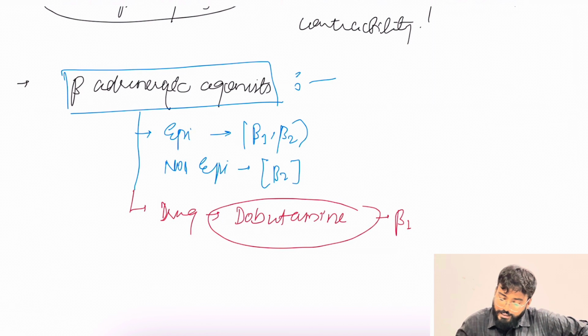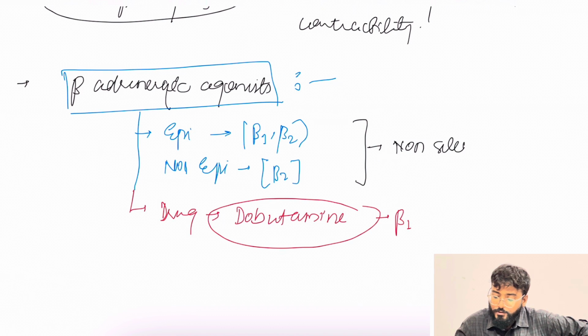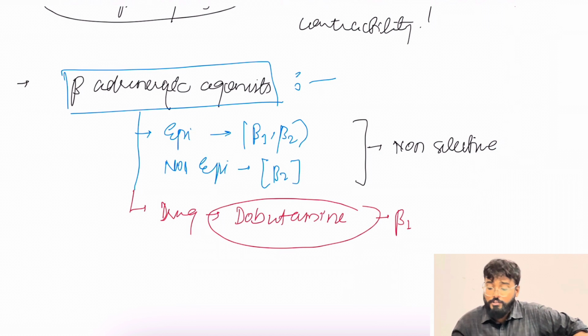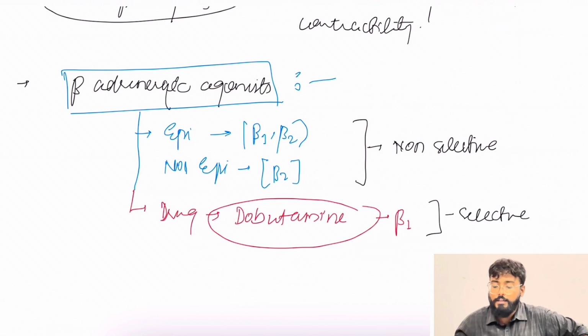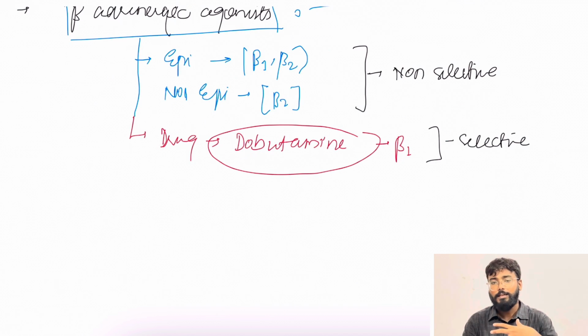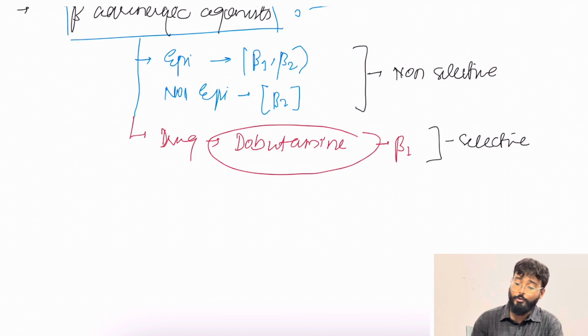So can we say that these two are non-selective beta adrenergic agonists, and this is your selective beta adrenergic agonist? Why non-selective? Because it binds to both beta 1 and beta 2, but dobutamine will only bind to beta 1. Beta 1 is primarily responsible for contractility of heart. Beta 2 is also responsible, but not to that extent as beta 1.